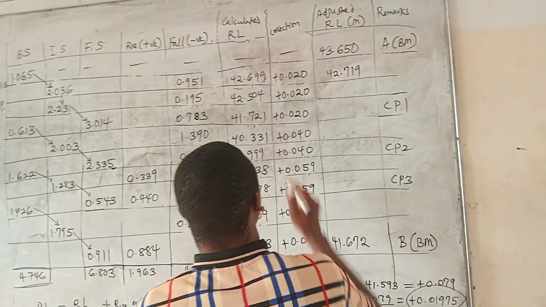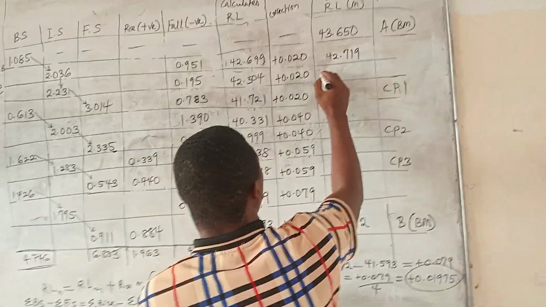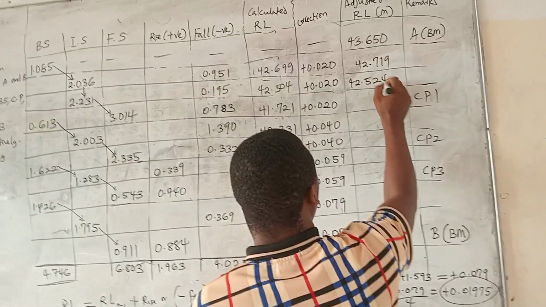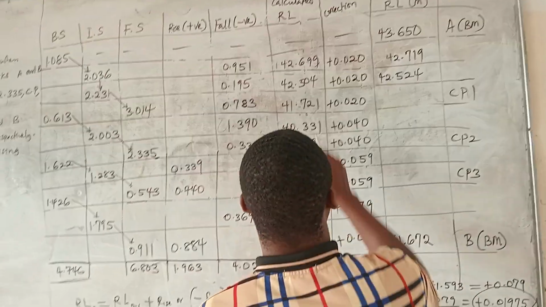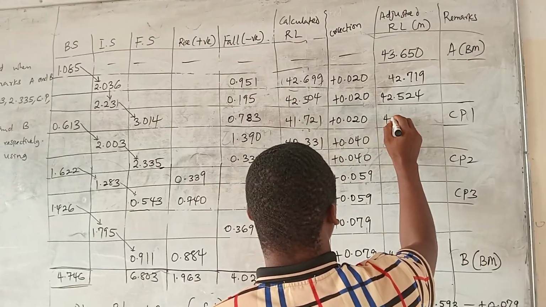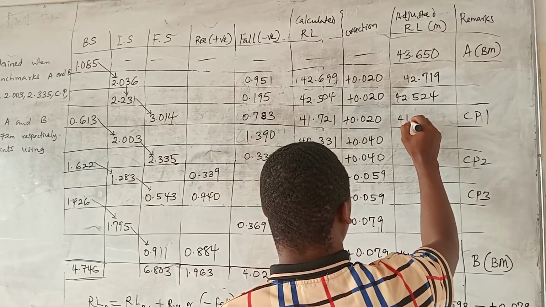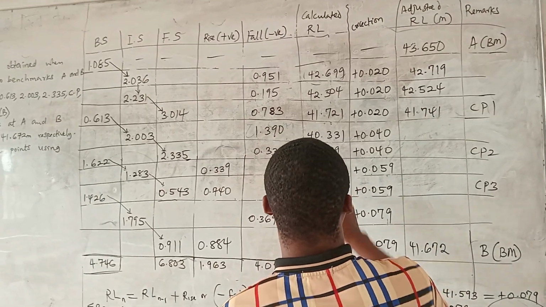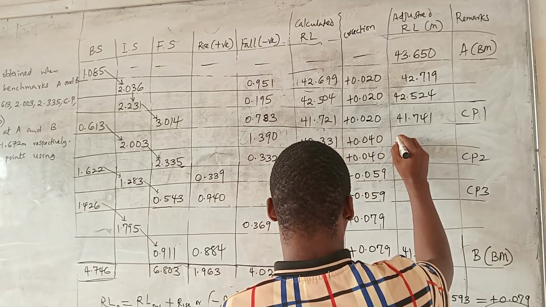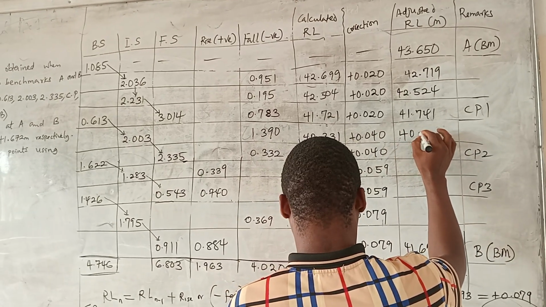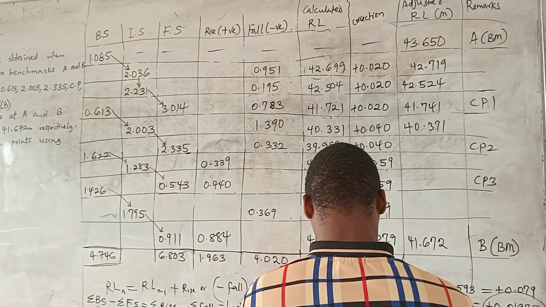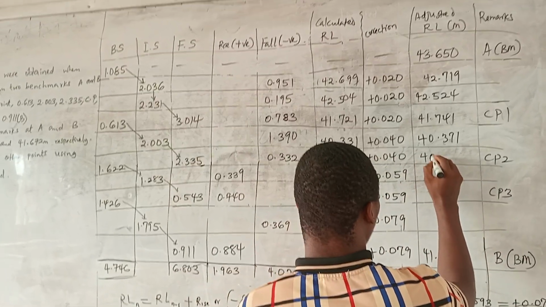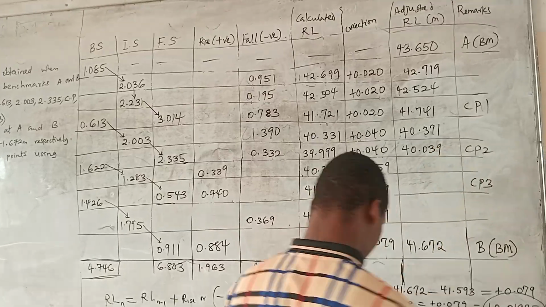So this, if you add these 2 together, you have this one to be 42.524. Then, if you add these 2, you have 41.741. Then 40.371. If you add these 2, you have 40.039.